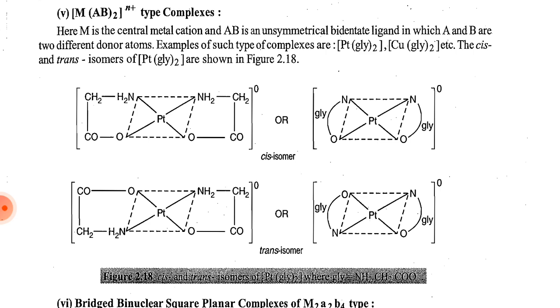Why? Because glycine is a very big molecule. If any ligand is a big molecule, we can show only the donor atoms, draw a curve around those two donor atoms, and write the name of the ligand outside the curve.